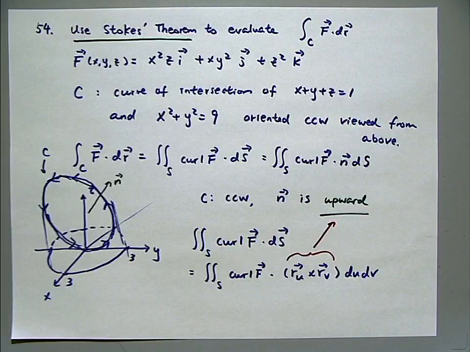Now we're going to parameterize that ellipse. The intersection right here. The ellipse will have a projection onto the xy plane that looks like a circle of radius 3.